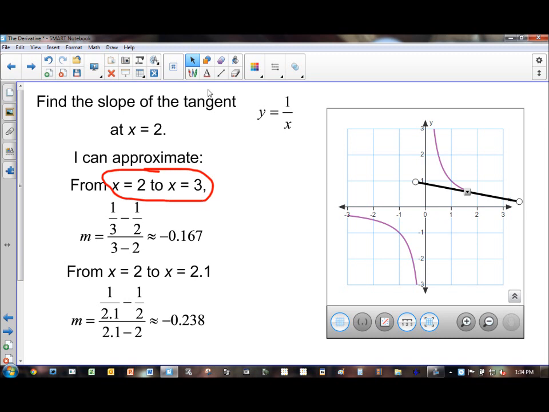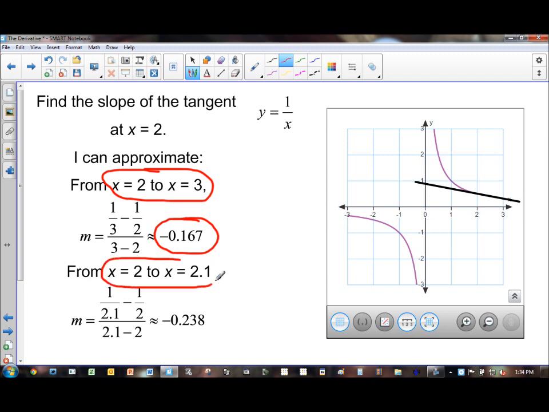If I do that, then I get a slope of negative 0.167. I could get even better by, instead of going from 2 to 3 on the x-axis, making the space between the x's even smaller and going from 2 to 2.1. And if I do that, just saving you some calculations, I would get negative 0.238.